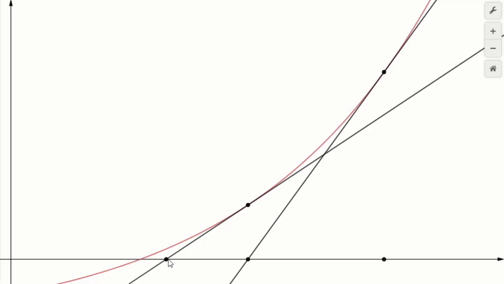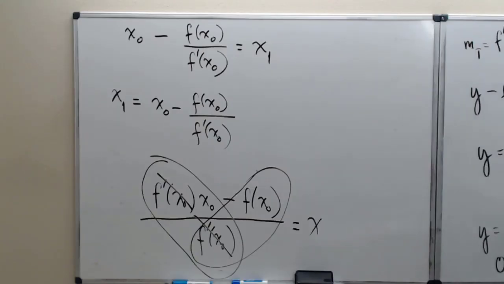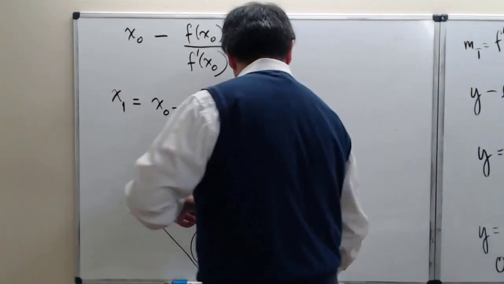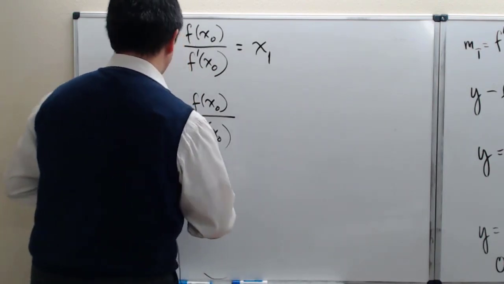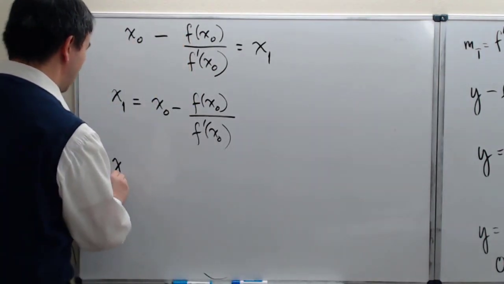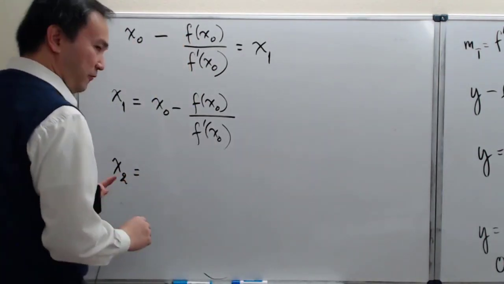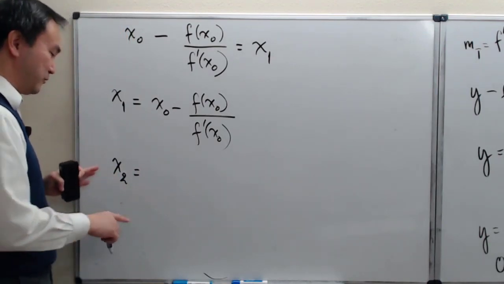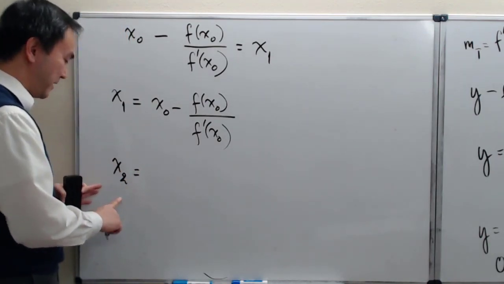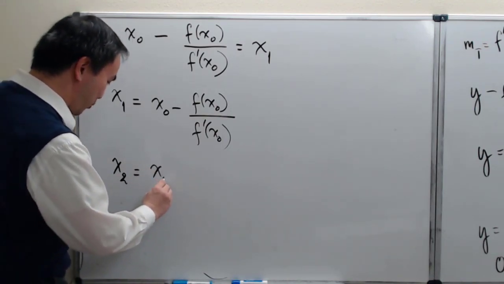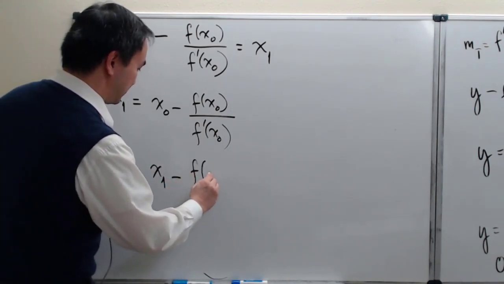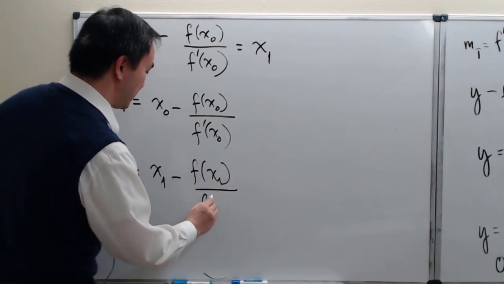And so of course, if we follow through the math again, the quick deriving work similar to what I have done, feel free to pause the video if you have to and derive this independently on your own. x2 should again arrive at x1 minus f of x1 over f prime of x1.